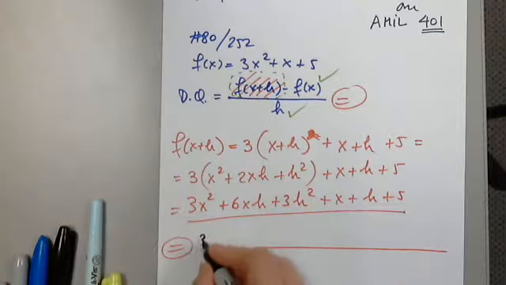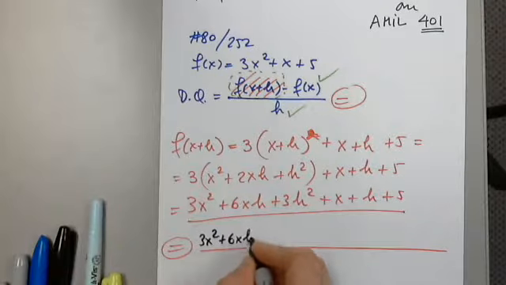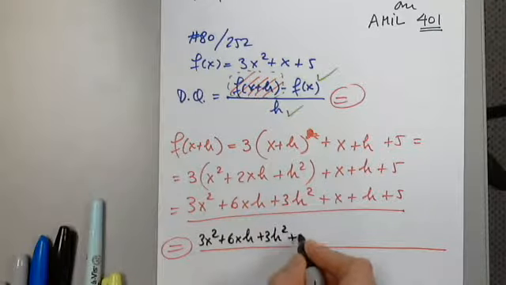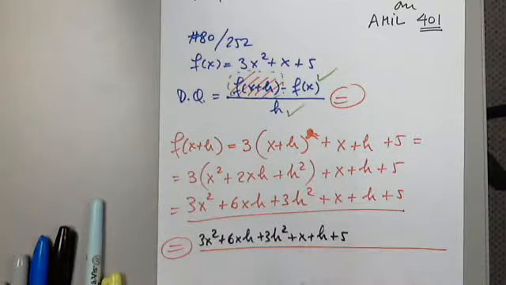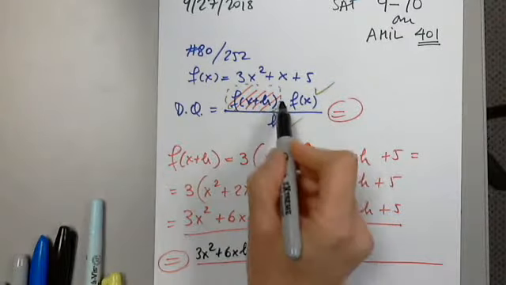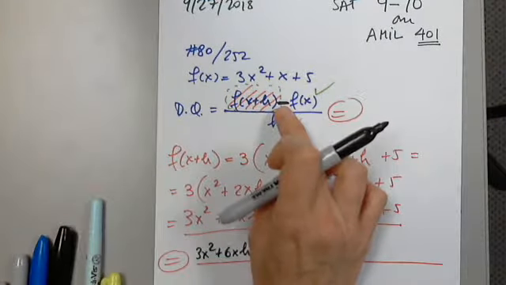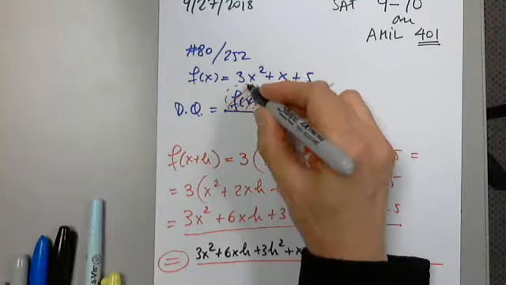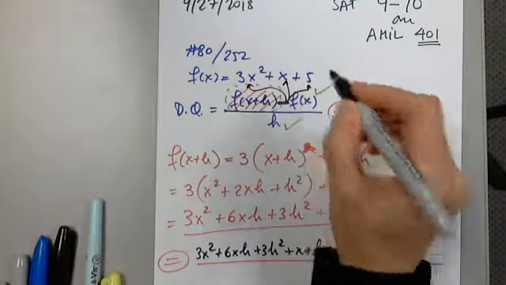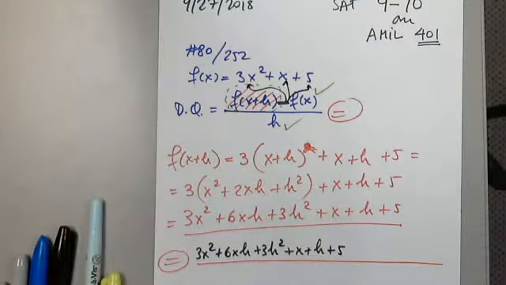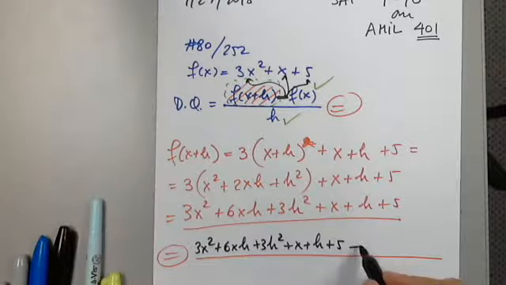So I'm going to copy 3x squared plus 6xh plus 3h squared plus x plus h plus 5. I reach this point right now, and I have to distribute -1 to all 3 terms. So please tell me what to write next. Minus 3x squared.